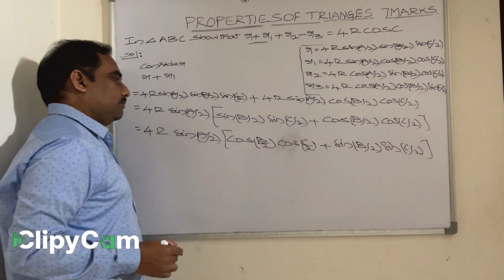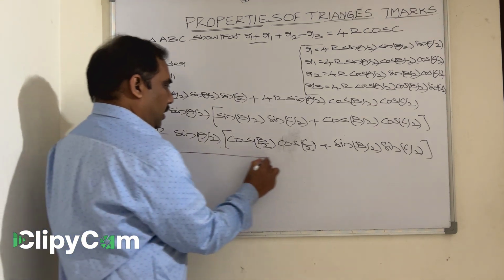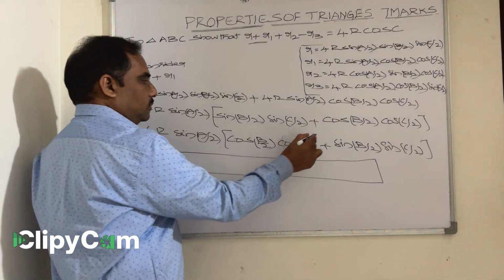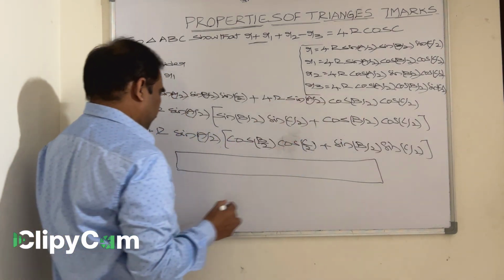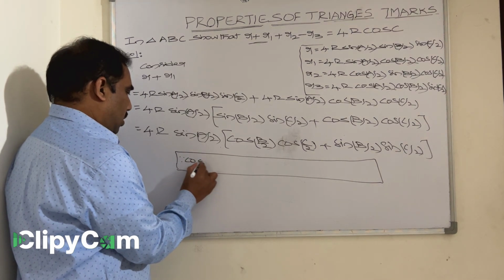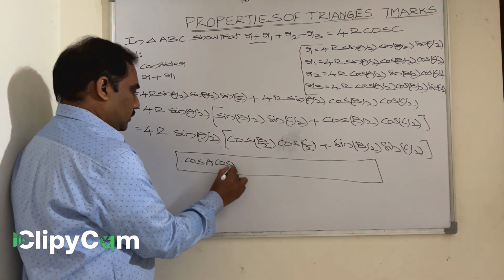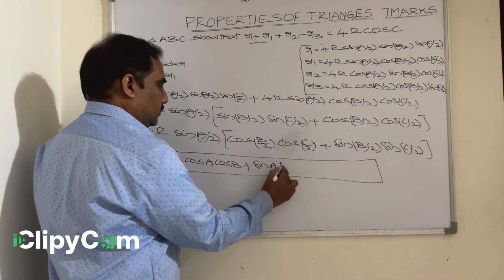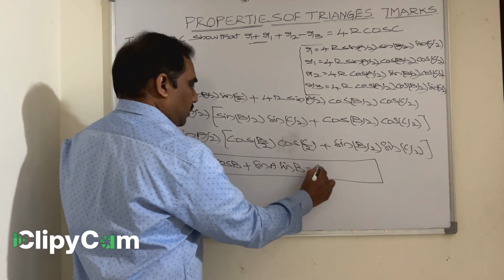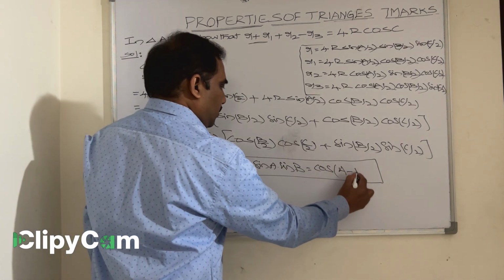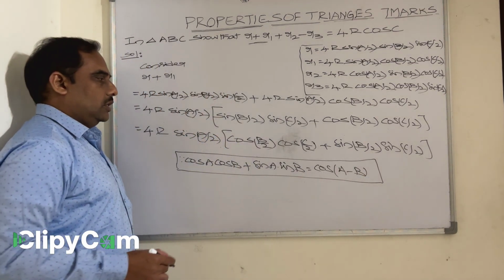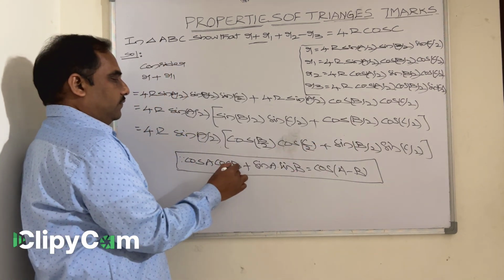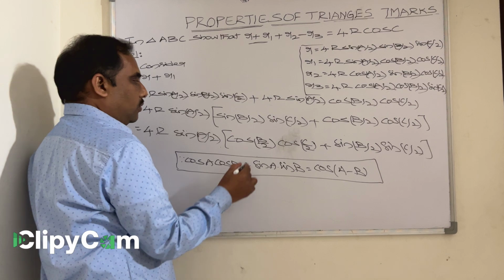Observe here, within the bracket, this is in the form of cos A cos B plus sin A sin B, which is equal to cos of A minus B. What is A here?